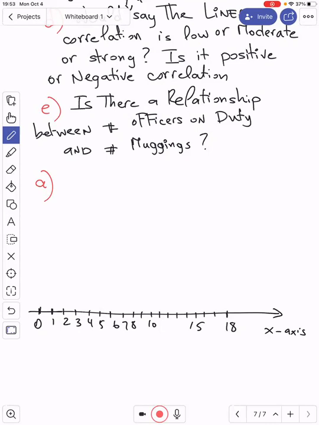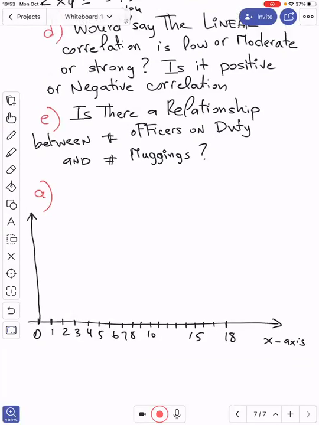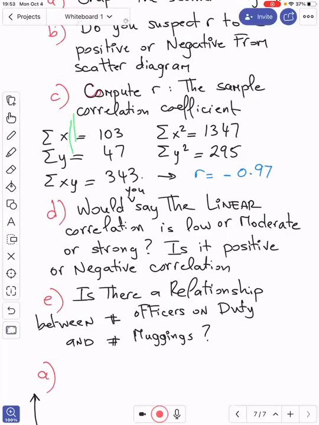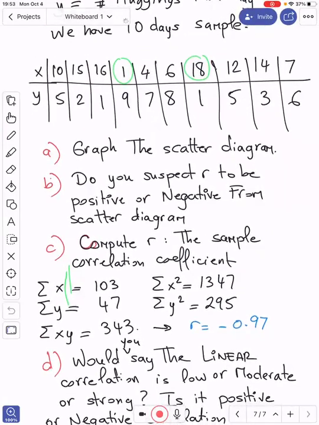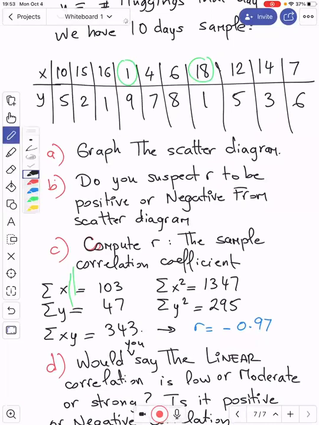Now, for the y-axis, the smallest value of y is, as you can see, 1, right? That's the smallest value of y. What will be the largest value of y? Well, it's 9, right?